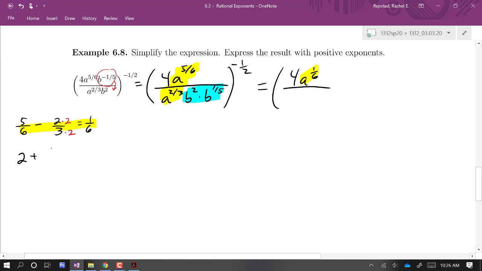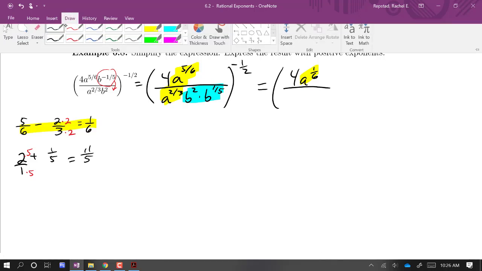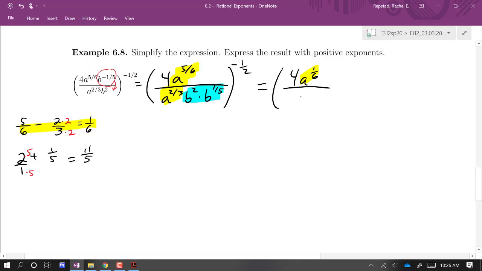So 2 plus 1/5, we'll get a common denominator. So 10/5 plus 1/5 is 11/5, and we get b to the 11/5. This is all to the negative 1/2 power.